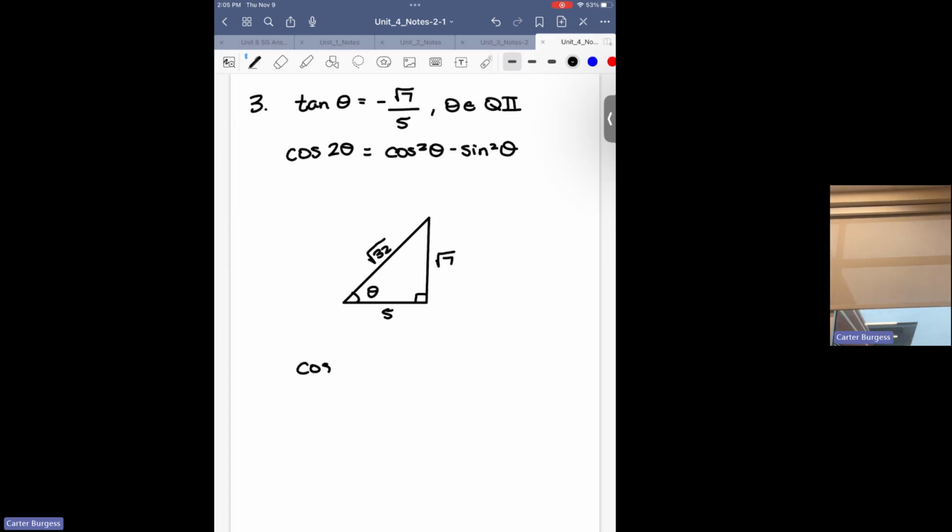And so what is cosine of theta? Positive or negative? Negative for cosine. And sine is going to be root 7 over root 32, positive in quadrant 2.